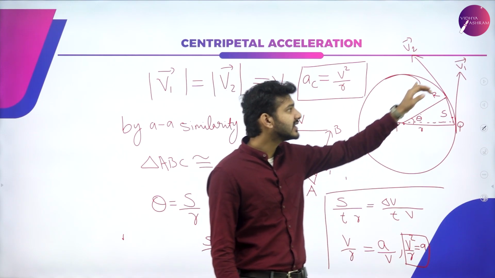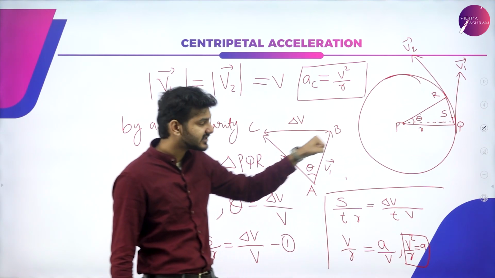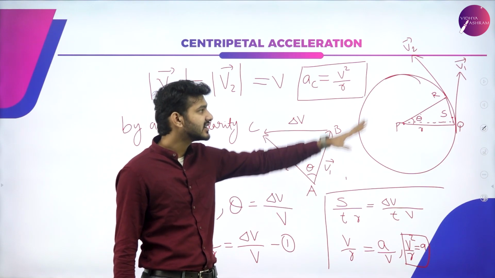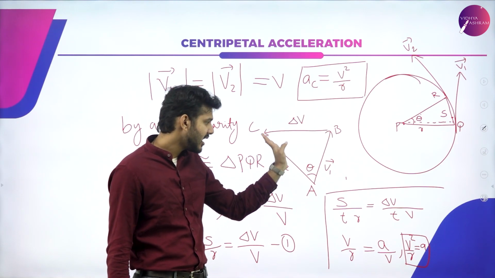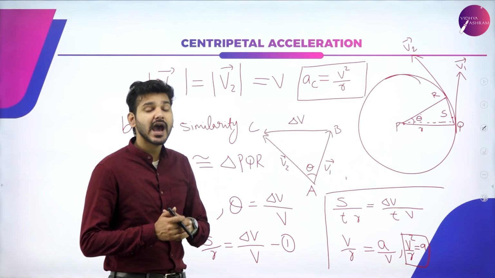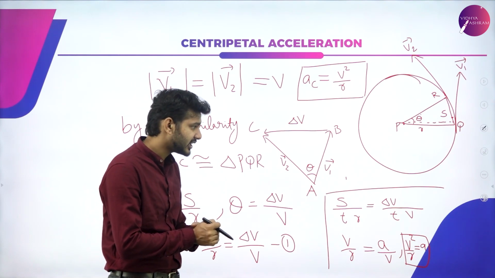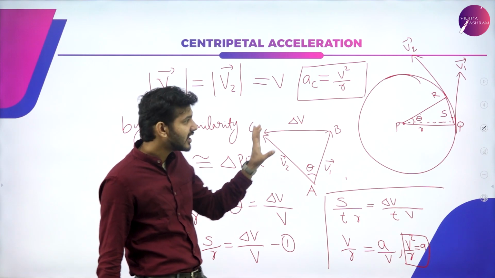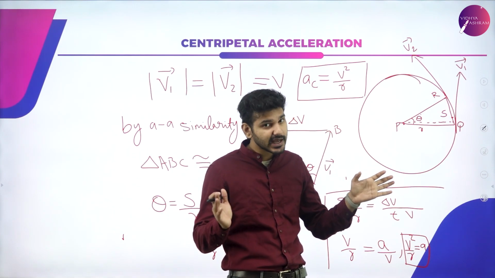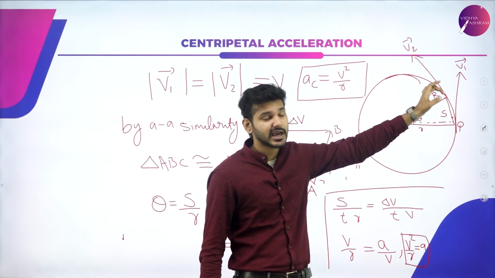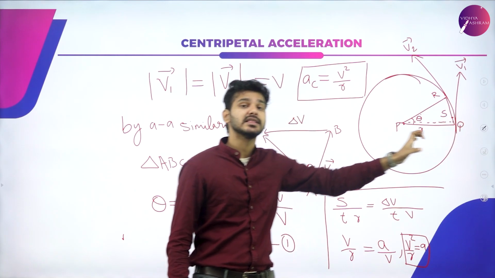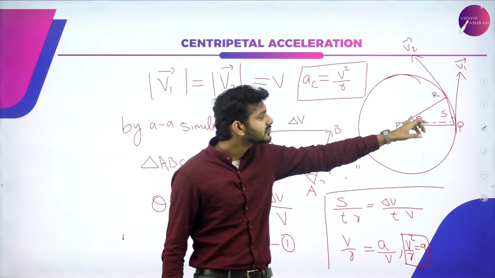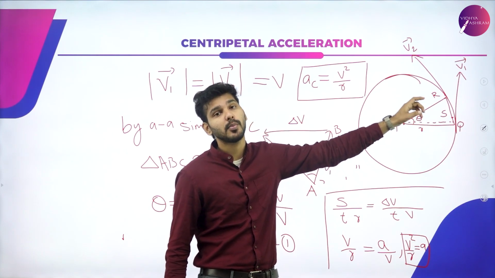Then we took these two vectors outside and made them into a triangle. Since these two vectors were acting at an angle, we made them into a triangle. When we observed this triangle, we knew that we could make it because we learned a property in our 10th standard, that is, if two tangents can be drawn like this, then the angle between those two tangents will be equal to the angle between those two points.